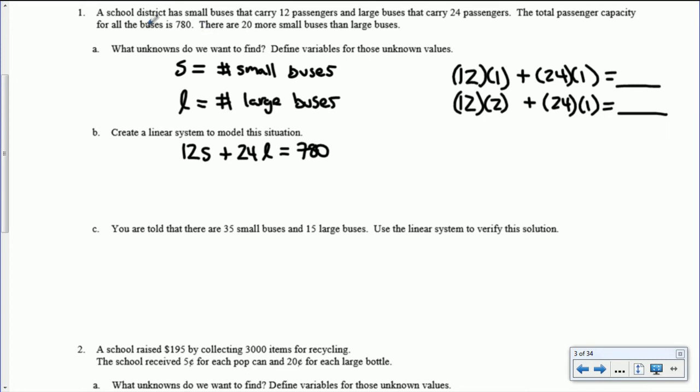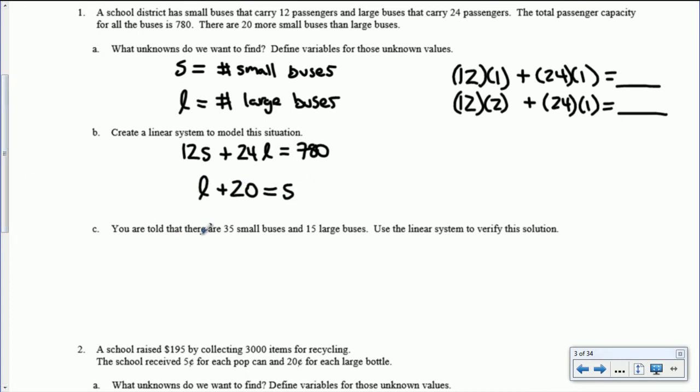Anyways, so okay, let's find some more information here. So 20 more small buses than large buses. So the number of large buses plus 20 is the number of small buses. So L plus 20 is S.